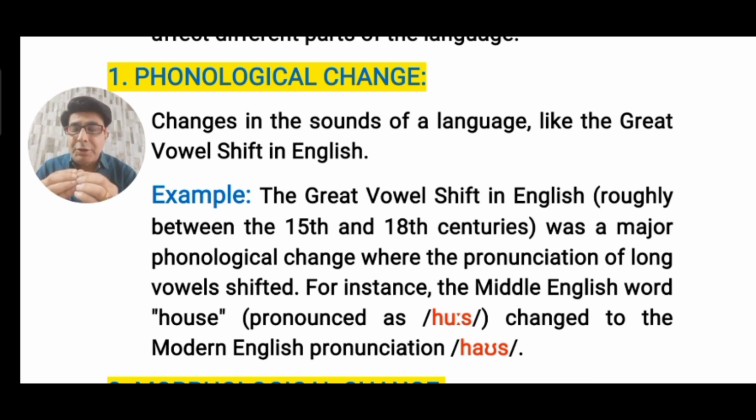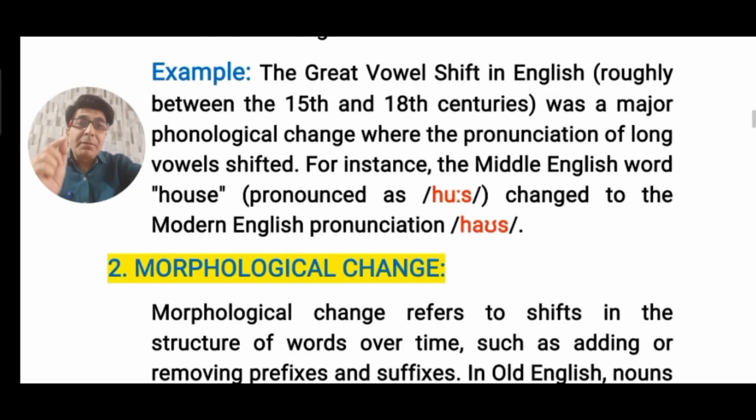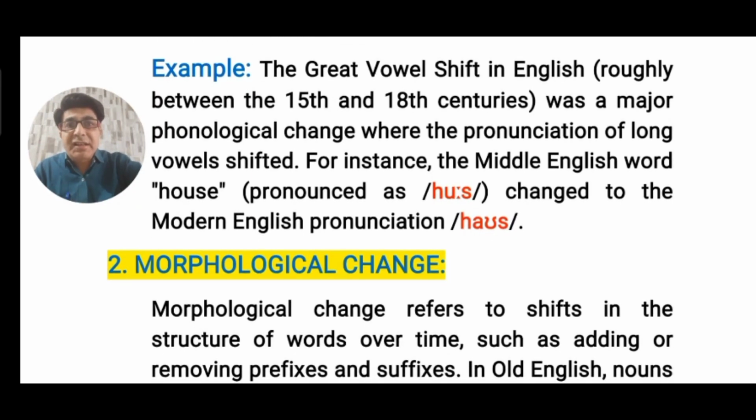For example, in the Middle English period, people used to speak this word house as "hoos", not house. But in modern English, we speak this word as house. Okay, so "hoos", which was there in Middle English, becomes house in modern times. So you find a change in pronunciation which is known as phonological change.